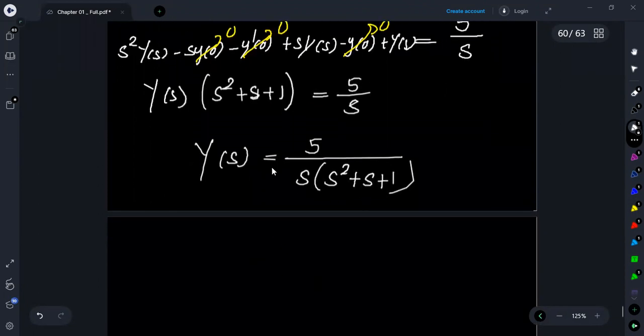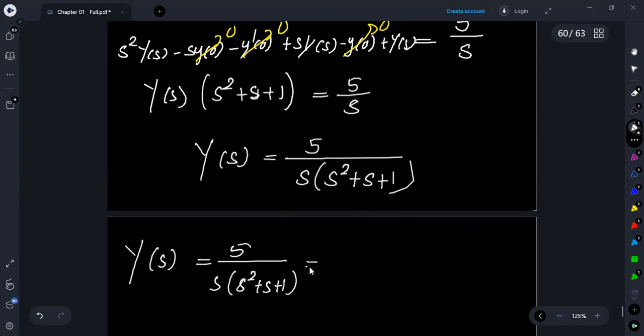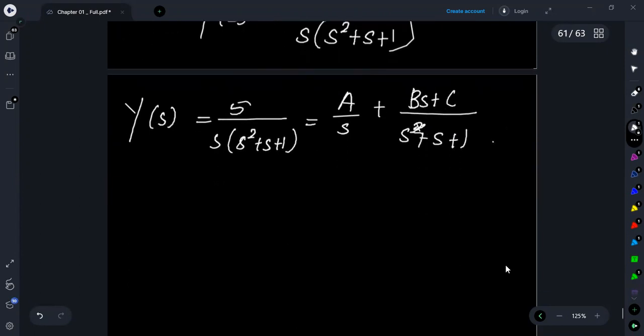Since the denominator is a product of two functions, you need to find the partial fractions: A over s plus Bs plus C over s squared plus s plus 1, and then find the respective values of A, B, C.